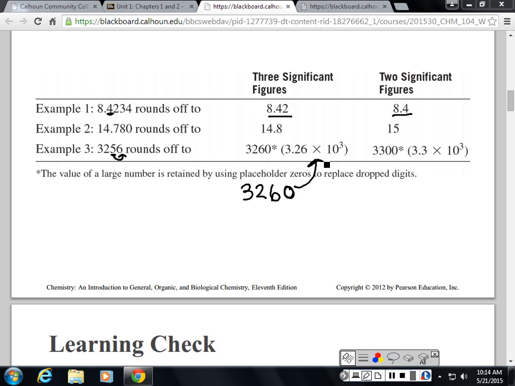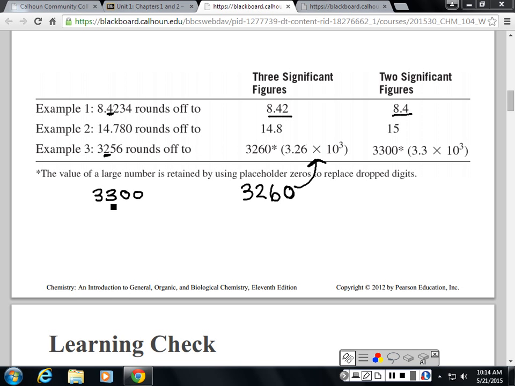Now we were rounding to 2 significant digits. We look here, it's a 5, so that means that 2 has to round up to a 3. But obviously 3,256 doesn't round up to 33, right? So we have to remember those other places, which now we consider zeros.